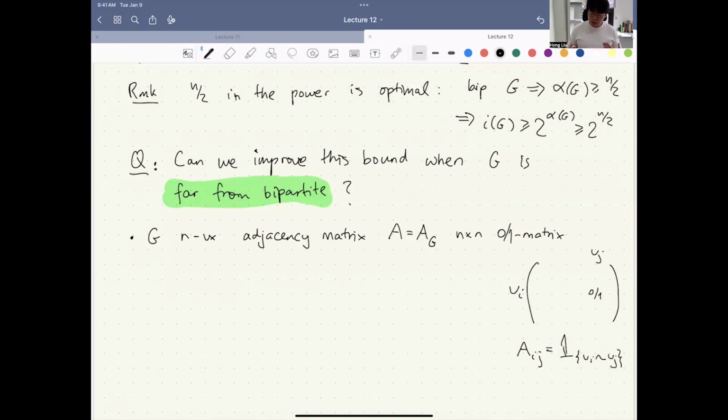Okay, so for this matrix, its eigenvalues, we call them the eigenvalues of G. It's well known.